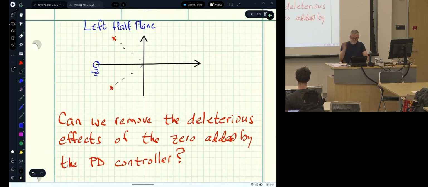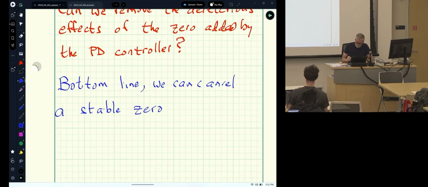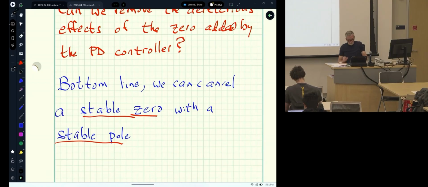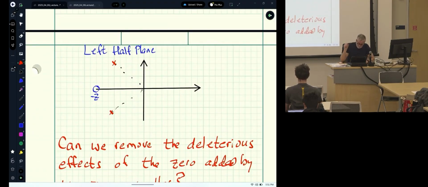So poles in the left half plane are stable. They have negative real parts. We can cancel a stable zero with a stable pole. So we never, ever, ever try to cancel an unstable pole. And the idea is we're going to set a pole on top of the zero so that it cancels.